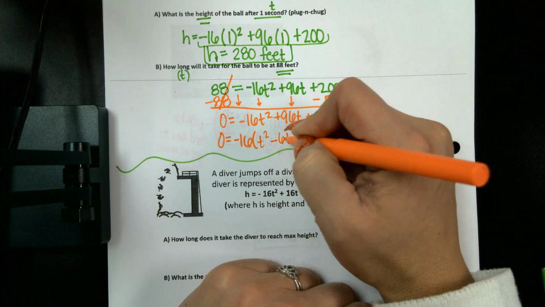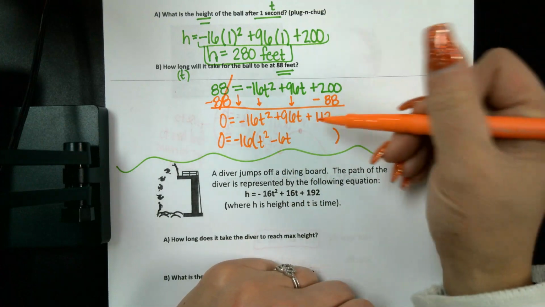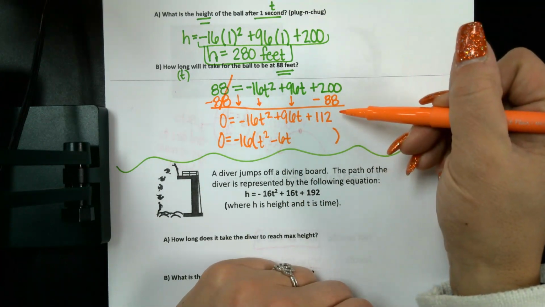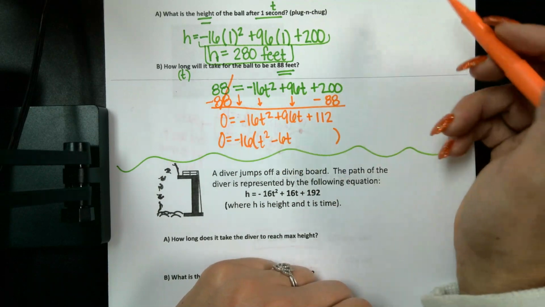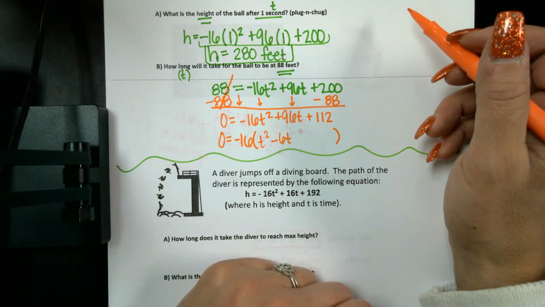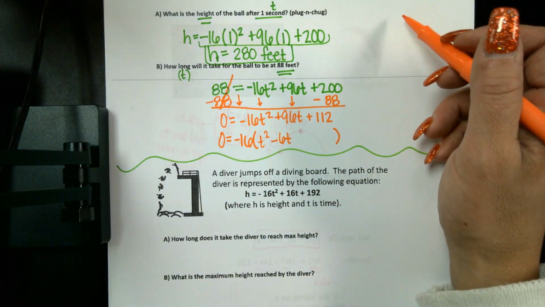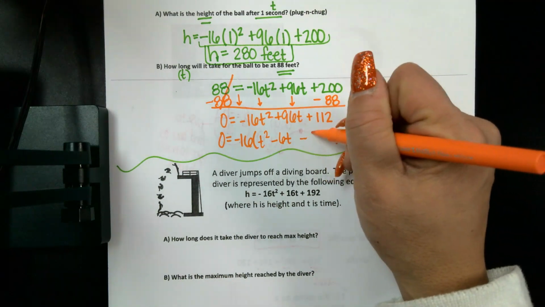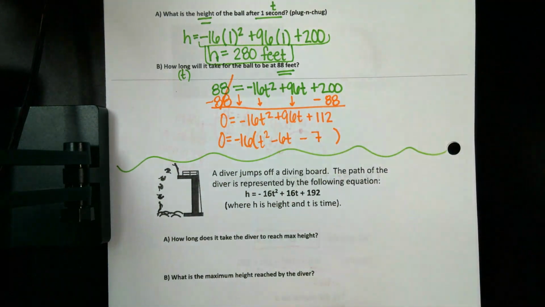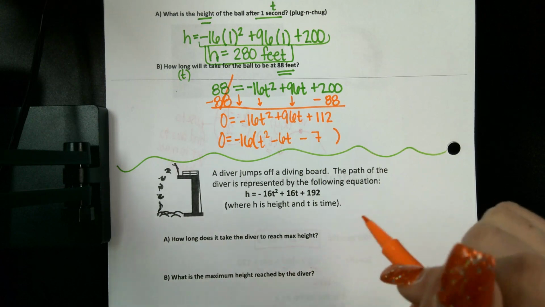Negative 6t. And then you would take 112 divided by negative 16. Forgot your t on that 6. There you go. And then close your parentheses.